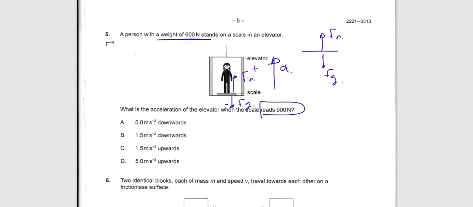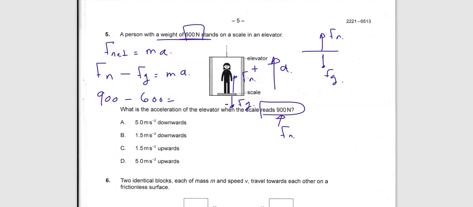So the formula, Newton's second law: all the forces acting on the object, F net, equal mass times acceleration. So Fn minus Fg equals m times a. Now, the normal force Fn is 900, minus Fg, 600. I know Fg equals m times the free fall acceleration.